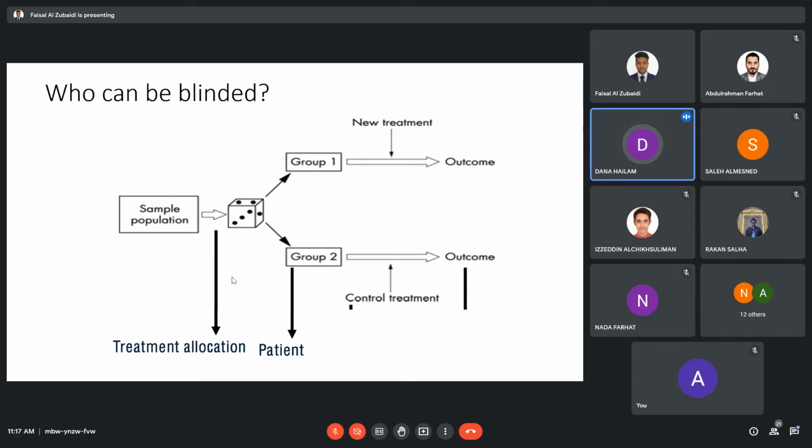The one giving the medication, and the one analyzing the information on the state of the patients? Yeah, the one who will assess the patient, the doctors or GPs that are going to follow up the patient, should be blinded and not know which arm the patient is assigned to. And eventually, when it comes to outcomes, who is going to be blinded here?